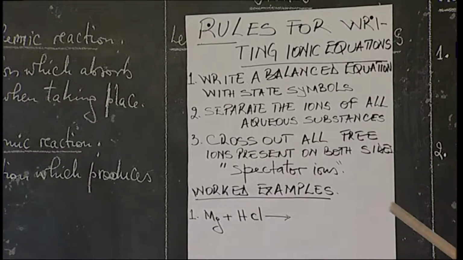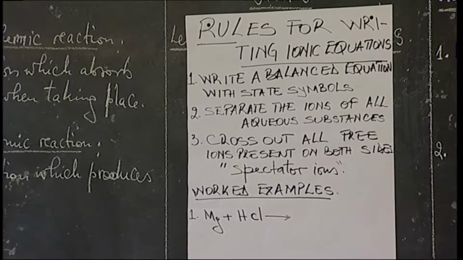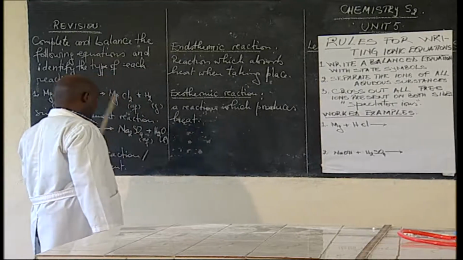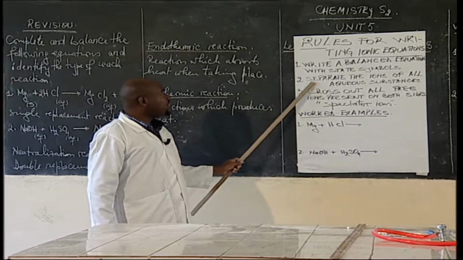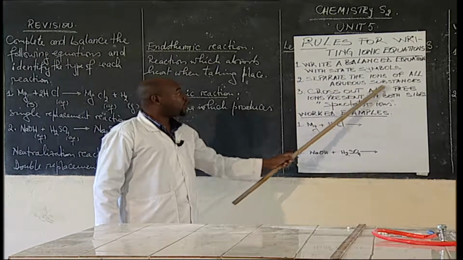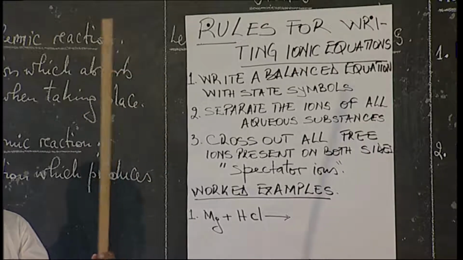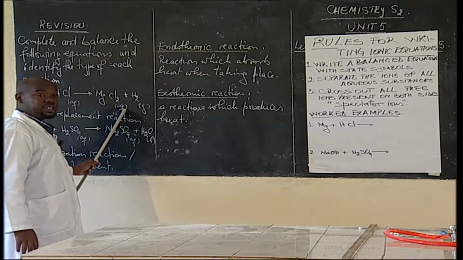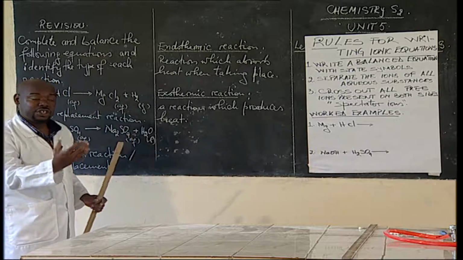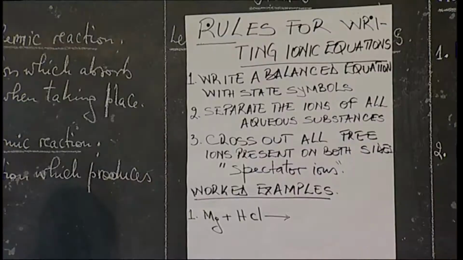Rule number 1, we have to write a balanced equation with state symbols, just like how we did it. Magnesium and hydrochloric acid, balanced equation with state symbols. And secondly, we separate the ions of all aqueous substances. We write the ions in a separate form. For example, here we have magnesium chloride. It is in the aqueous state. Now, because it is in the aqueous state, we will separate the ions forming that magnesium chloride.